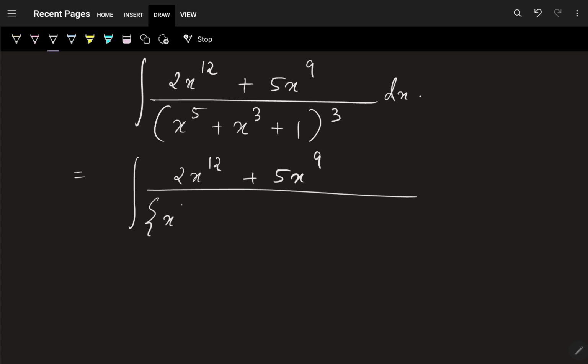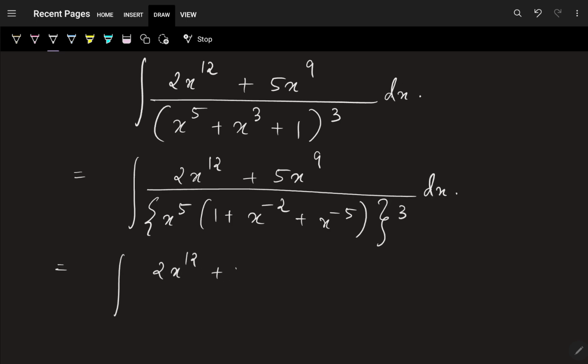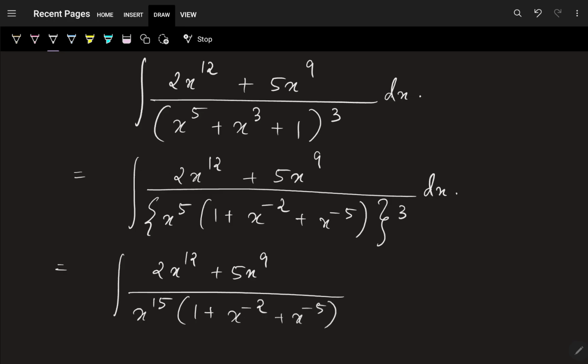If you take x to the power 5 common from inside, this is going to be 1 plus x to the minus 2, then plus x to the minus 5, and this is whole cube. So this is going to be 2x to the power 12 plus 5x to the 9. This is going to come out as x to the power 15. This is 1 plus x to the minus 2 plus x to the minus 5, and then dx.